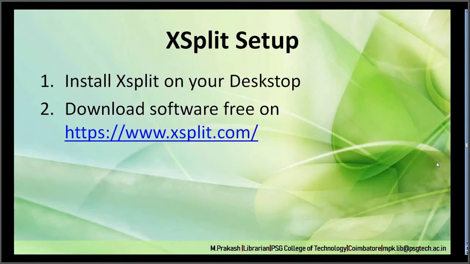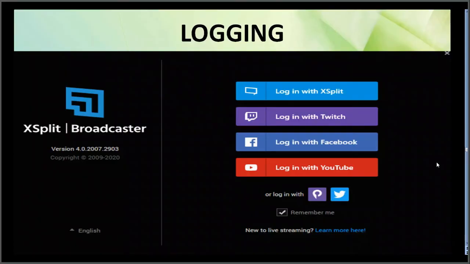Here you can download this XSplit software, and once you download, you give next, and then it will be installed on your desktop, and then it leads to this page called login.